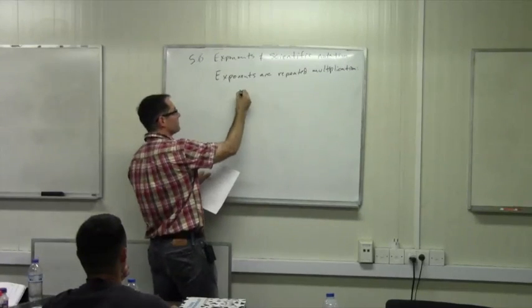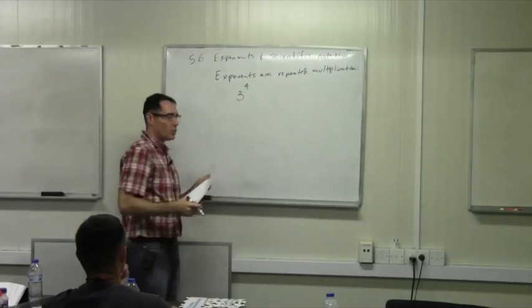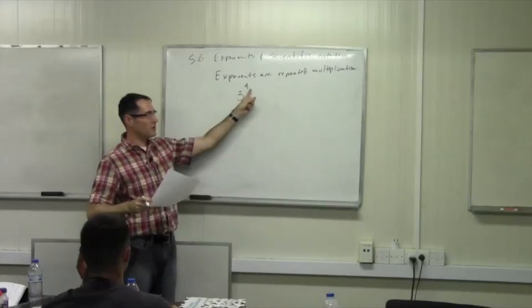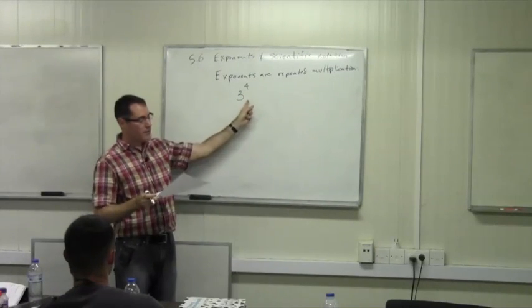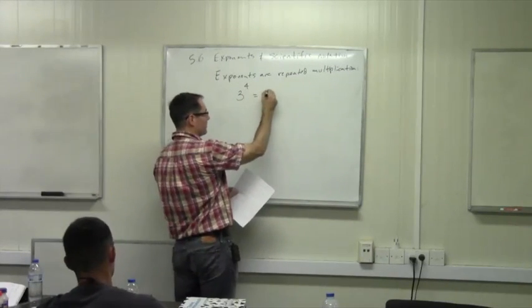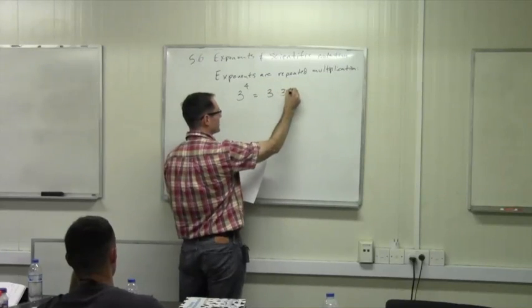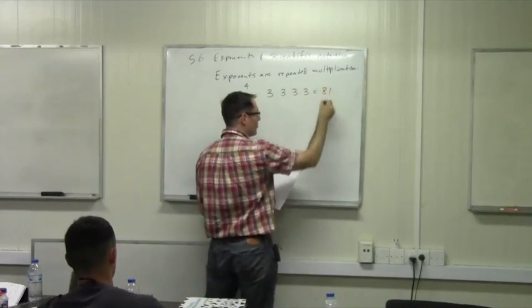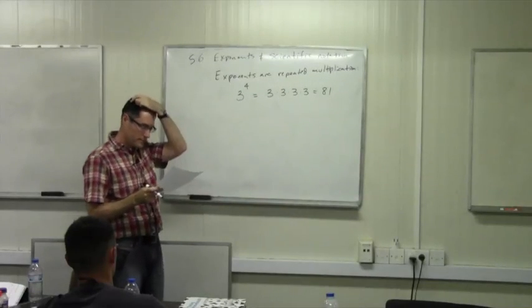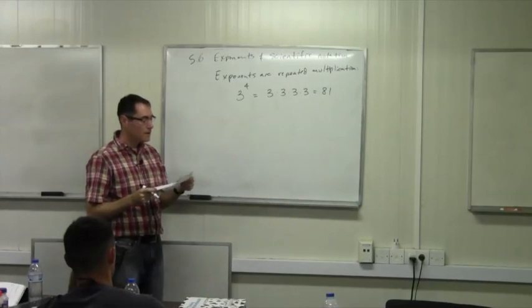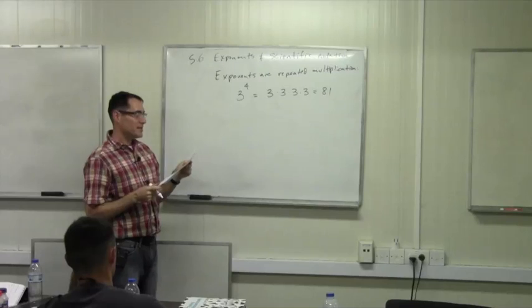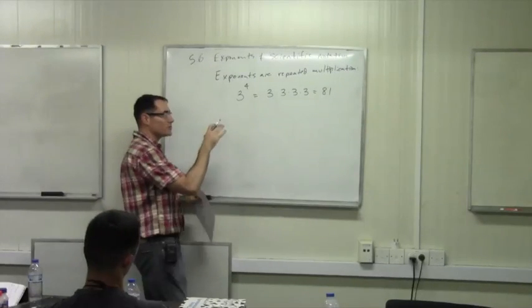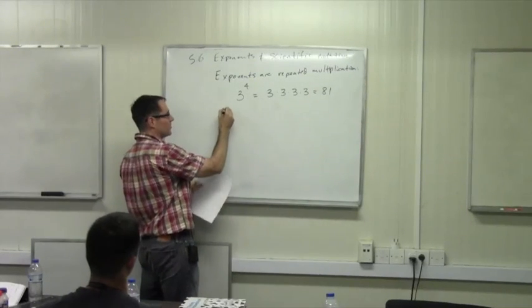3 raised to the 4th power. It's an exponent. That's called the exponent of 3. 3 raised to the 4th power equals 3 times 3 times 3 times 3, which happens to be 81. The nice thing about exponents is that you can actually combine some exponents when you multiply them.